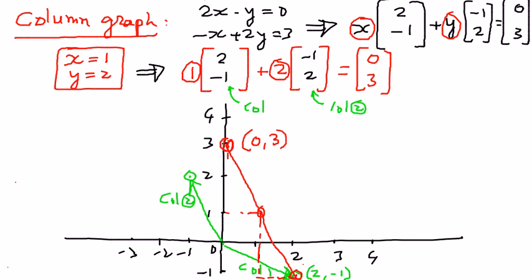This is what is called the column graph, or sometimes also represented as the column picture. In my next presentation we shall look at some more examples related to solving systems of linear equations.